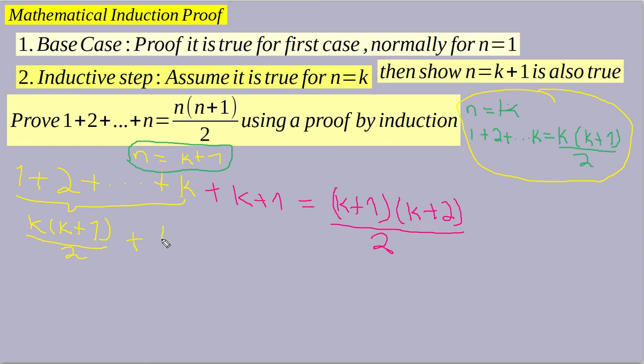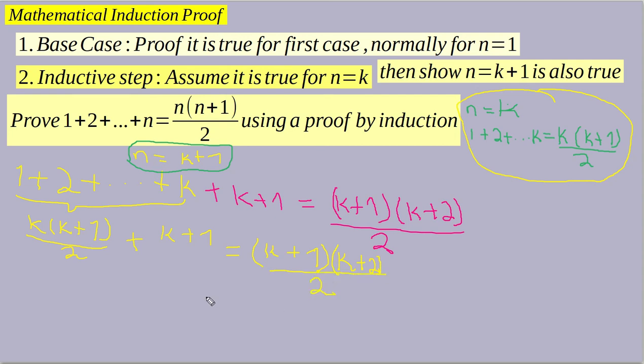Then we have plus k plus 1, which is equal to k plus 1 into k plus 2, divided by 2.